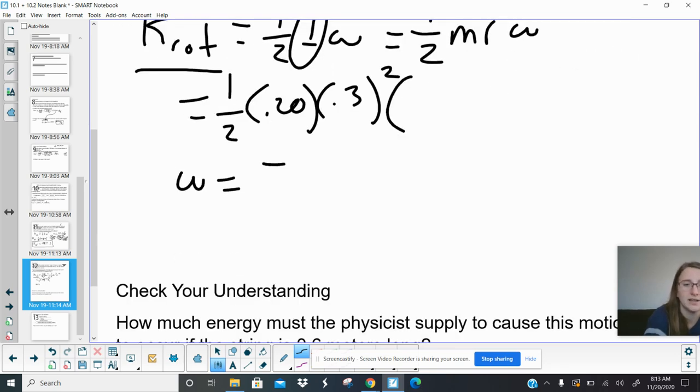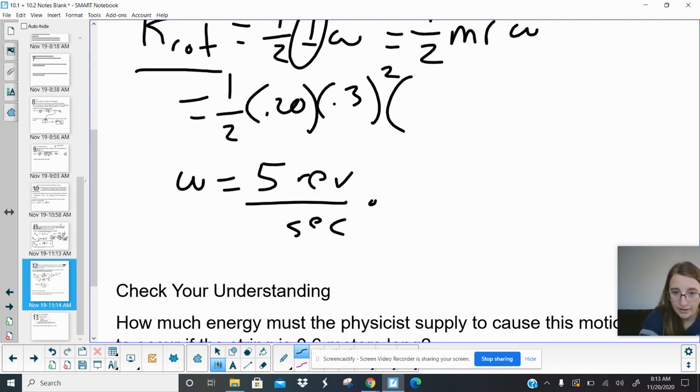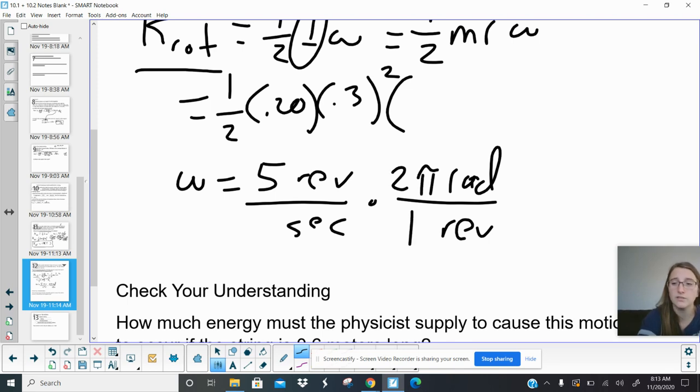Luckily this isn't going to be much of a conversion because it's already in seconds on the bottom. If I want to get rid of revolutions, I put revolutions in the opposite position and I put what I want to have instead. So there are 2 pi radians for every revolution. So this ends up being 10 pi, but again, we're going to write our answers as decimals. So 10 times pi.